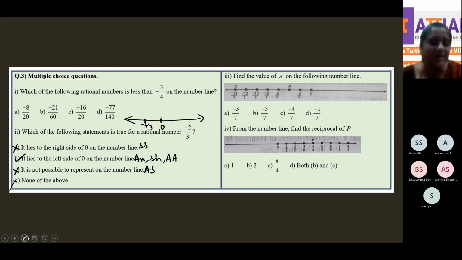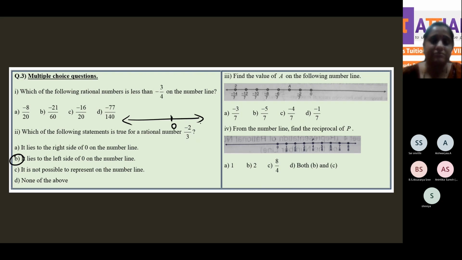So to represent minus 2 by 3 on the number line, the correct answer is B. Minus 2 by 3 lies to the left of 0. If it was positive, it would be to the right of 0. All positive integers are to the right of 0, negative integers to the left of 0.